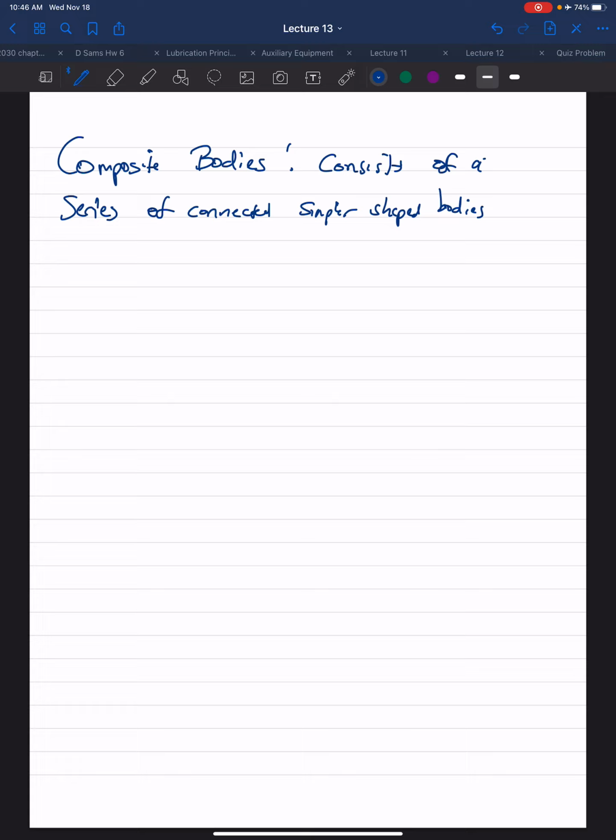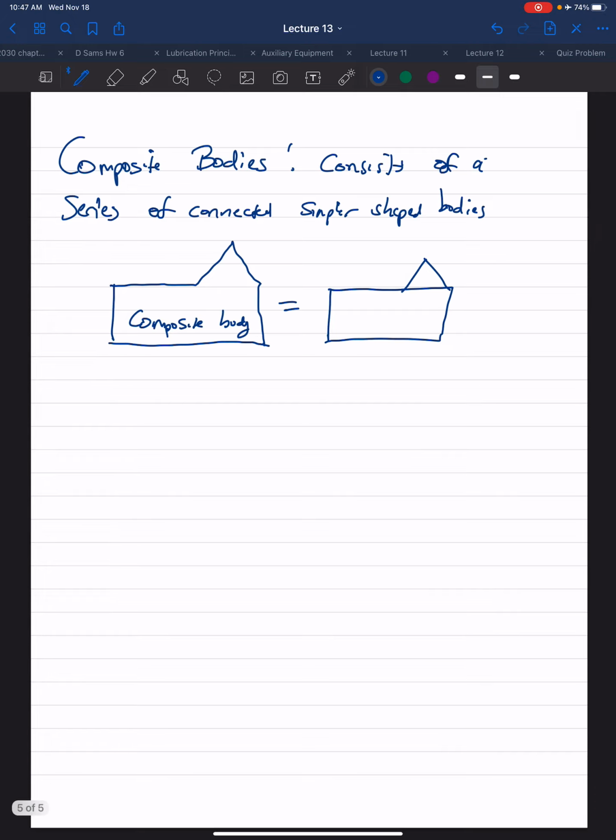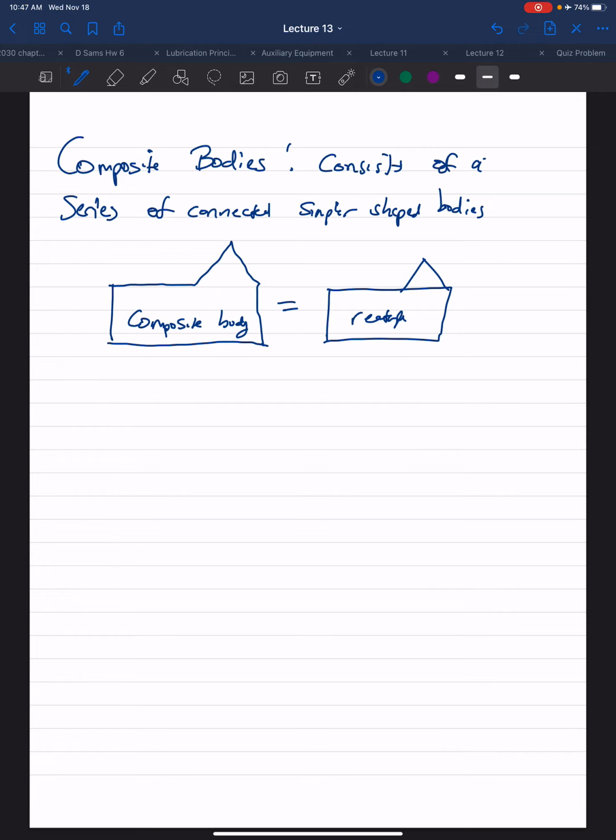So for instance, if I drew a shape that looked like this, you can simplify this to be a rectangle, which will be a simple shaped body, along with a triangle. So the composite is this irregular shape, but you can break it down into a rectangle and a triangle.